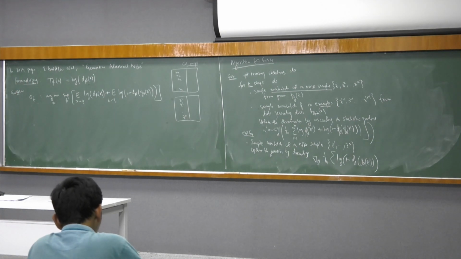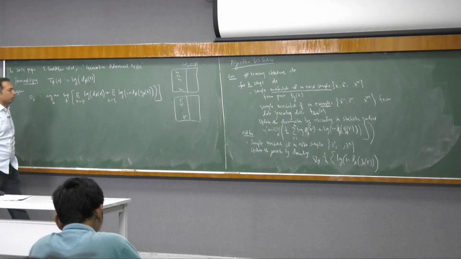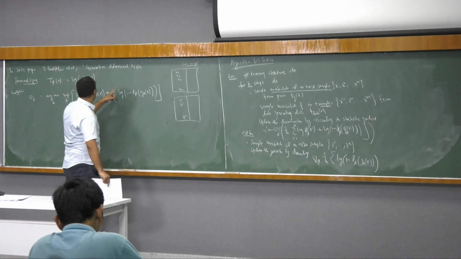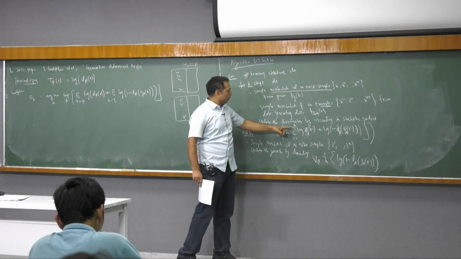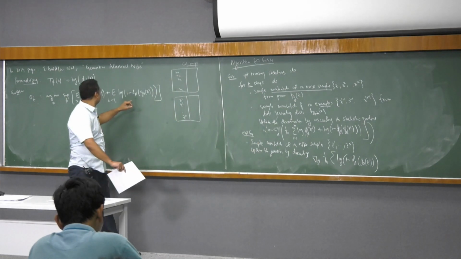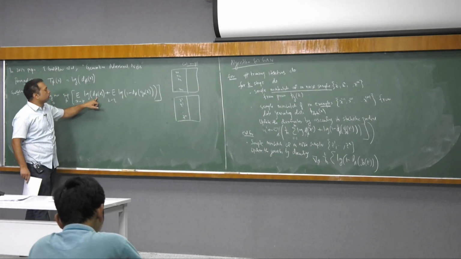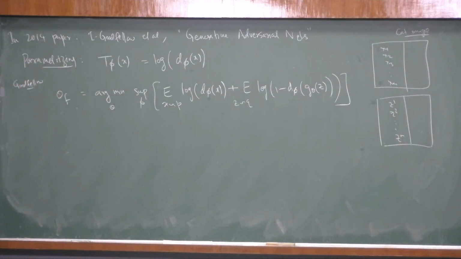So with this, this is like our loss, right? We want to train the discriminator. The discriminator is parameterized by phi. Basically, training the discriminator means updating the parameters of the discriminator.